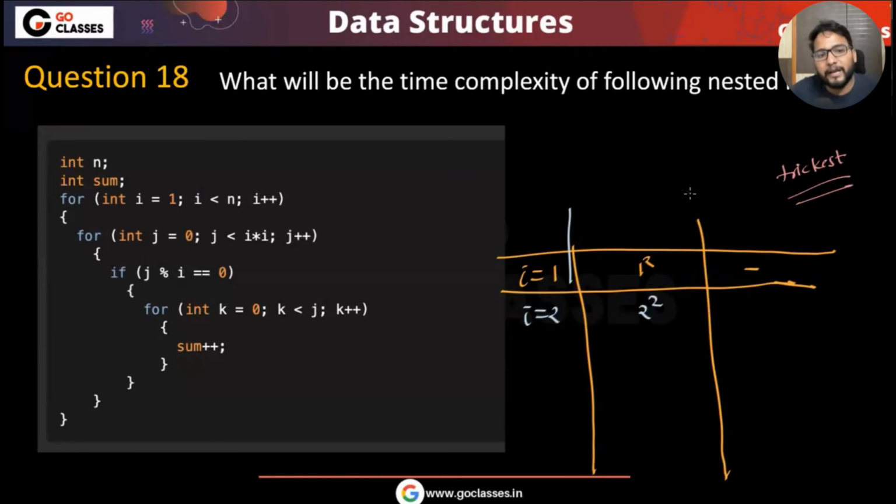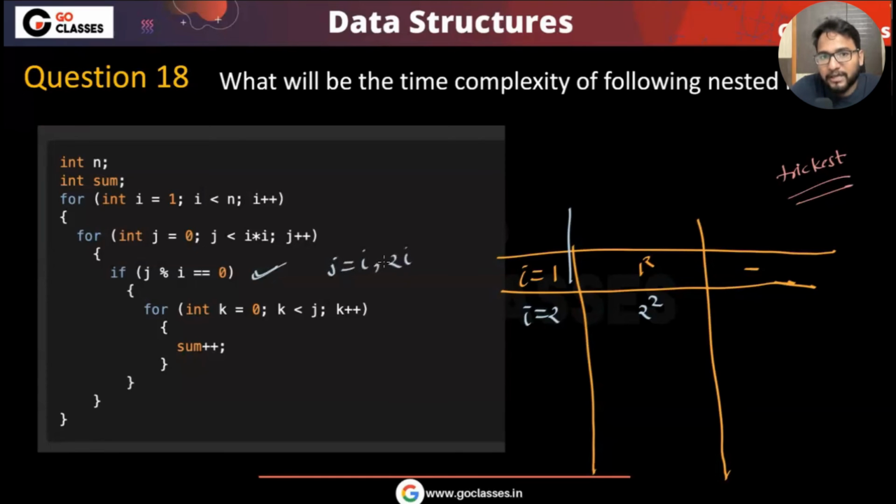So for how many times is this condition true? Let's forget about this i and all, and just focus on this inner for loop. For how many times is this condition true? The j value will be 0, then 1, then 2, and so on. Whatever the value of i, whenever j is i, then it is true.